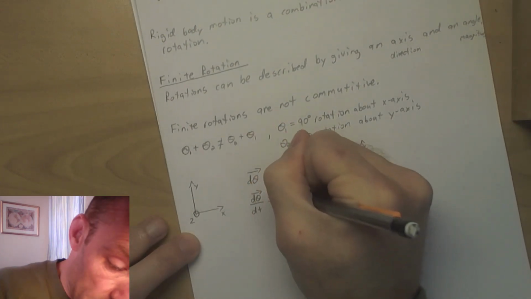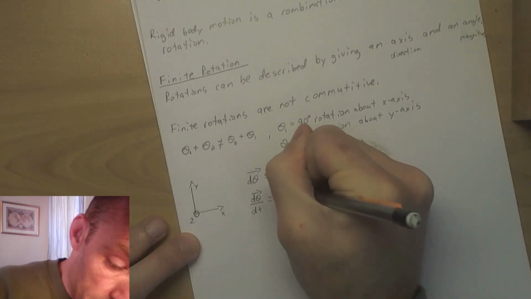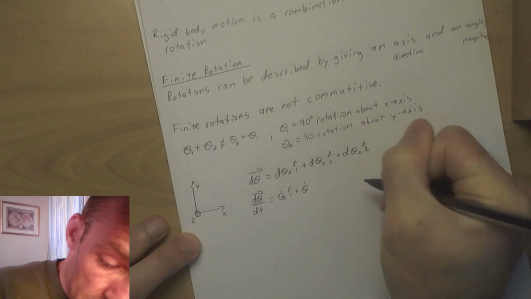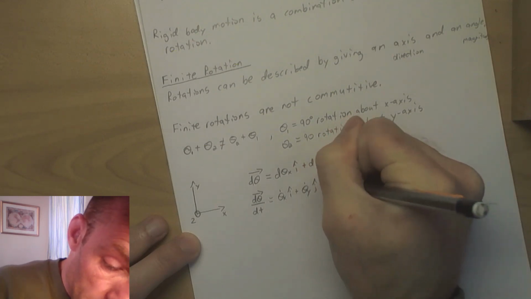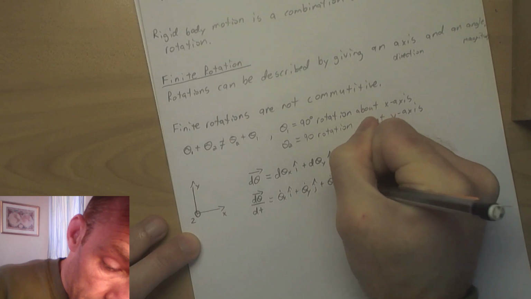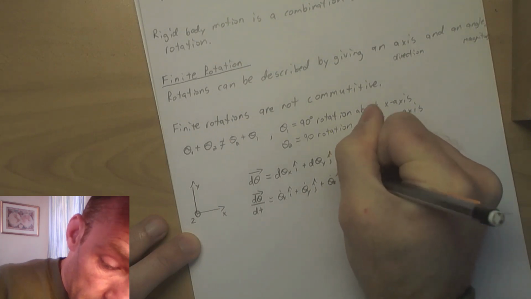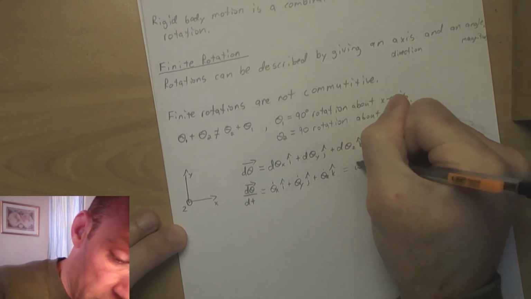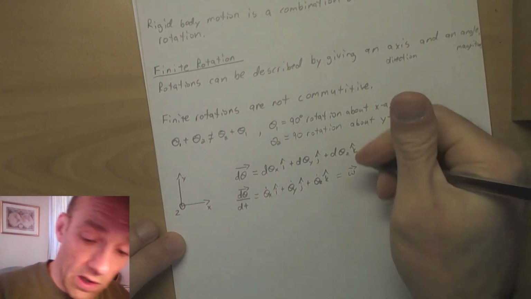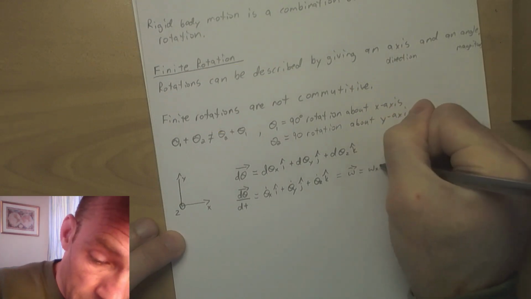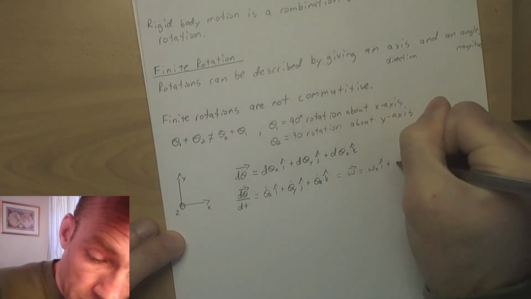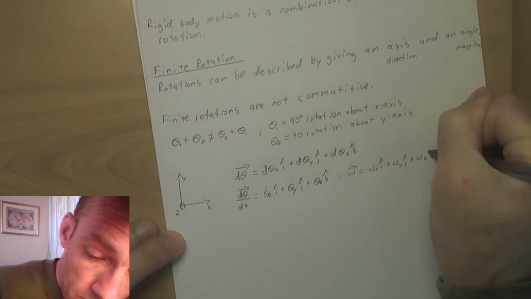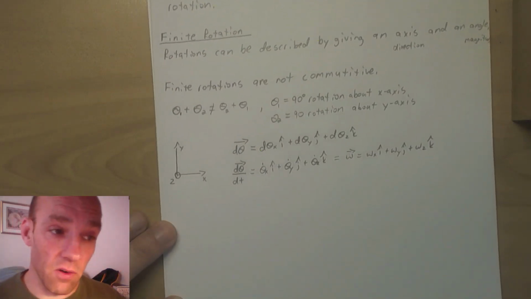And so this is meaningful. This is a vector, and we call this omega, the Greek letter omega. And that is, in fact, a vector.